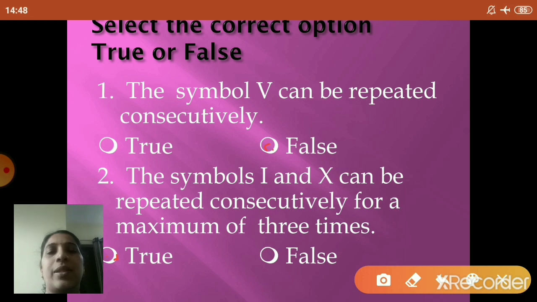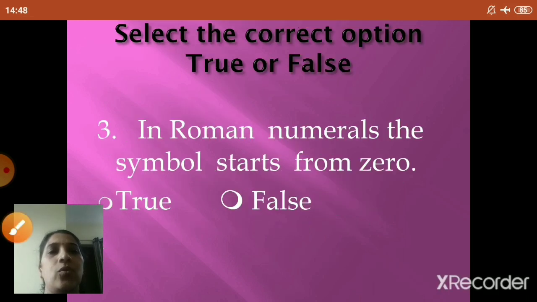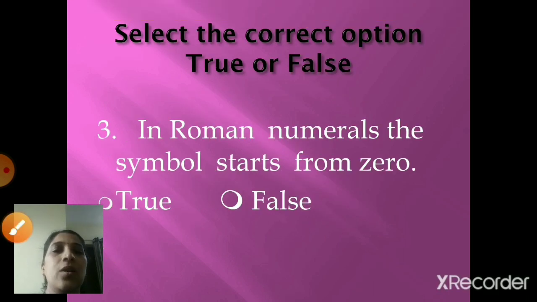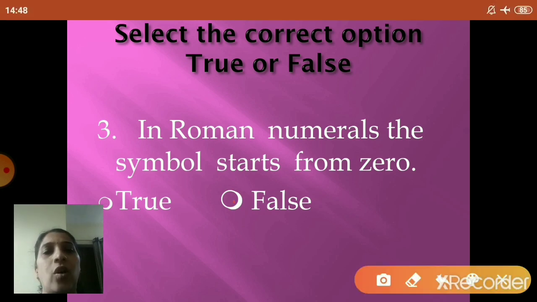Let's move to the third one. In Roman numerals, the symbol starts from 0. What we had learned is, no, the symbol starts from 1. So your answer is false.